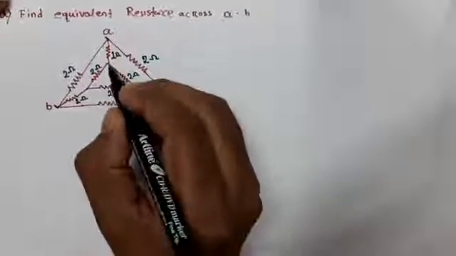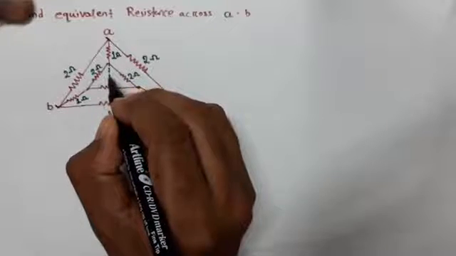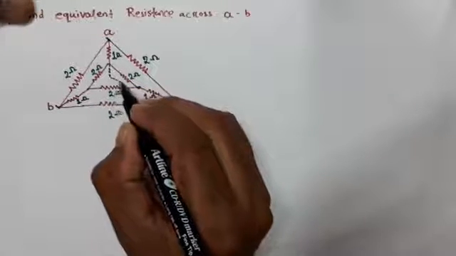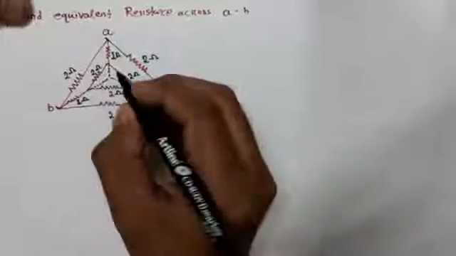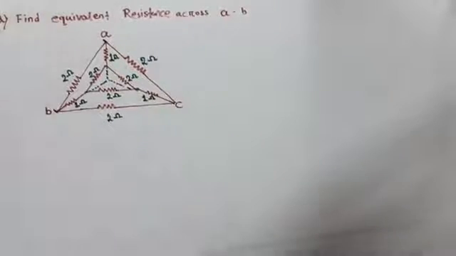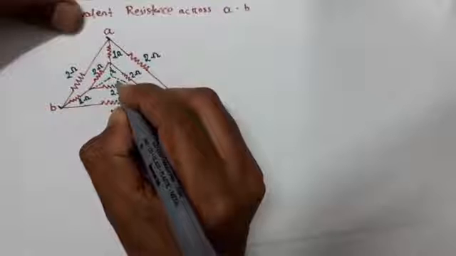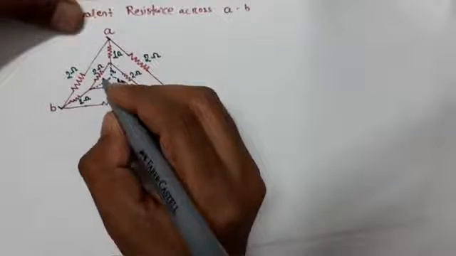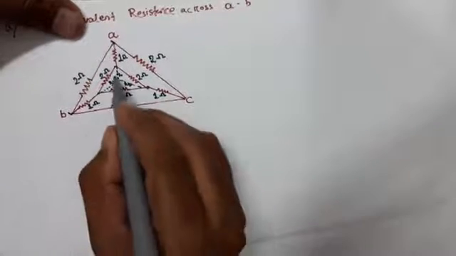Let the star equivalent be like that. Let this be R1, this R2, and this R3. First we find R1.